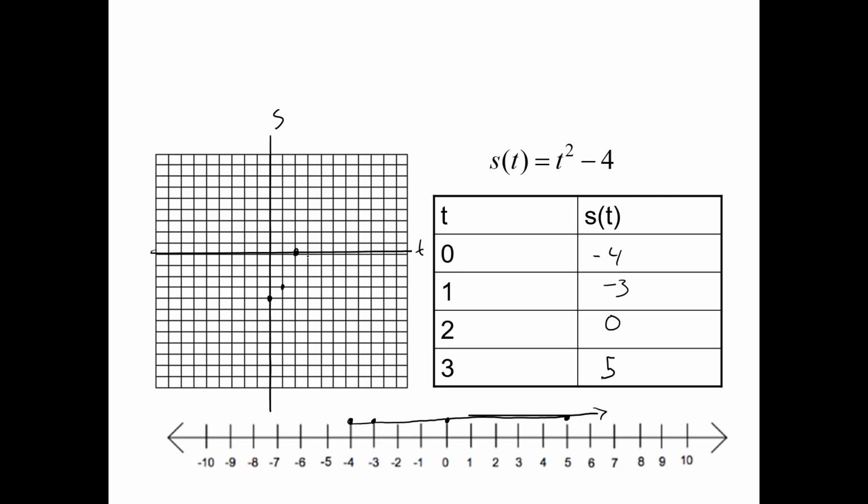And then at 3 we're at 5. And we get a nice smooth parabola, not a line, not a constant rate of change. And so then every step we go up more than the previous one. And so this is what this looks like.